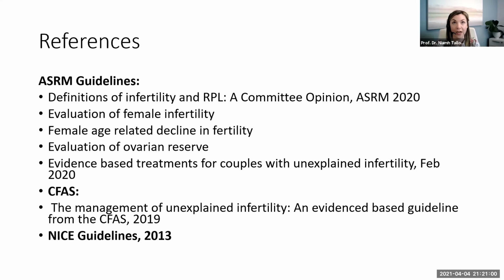I see age as the following categories: less than 35 as one, 35 to 38, 38 to 40, and then 41 and 42 as very distinct age groups, based on outcomes from pre-implantation genetic testing. Patients find it really difficult and not tangible to understand what they're losing with time.